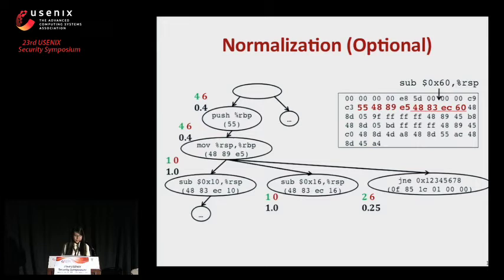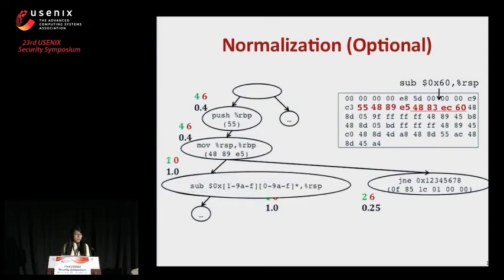So in order to match different offsets in testing, we have to make it the same in training. So it makes more sense for us to generalize the offset to any positive number. Similarly, it makes sense to normalize jump or call instructions by generalizing the target address to any address. We call this step normalization.